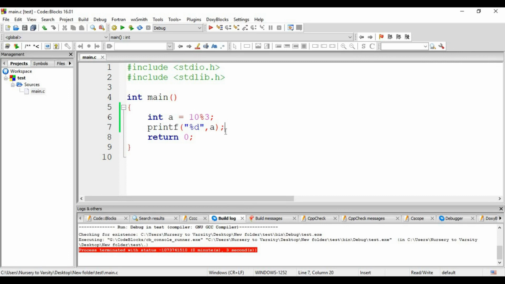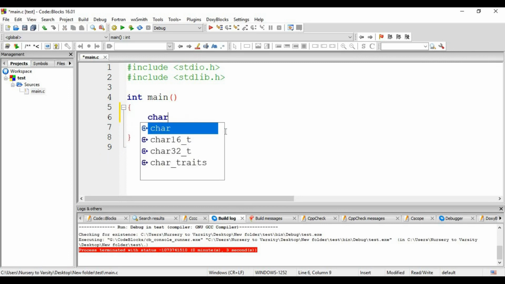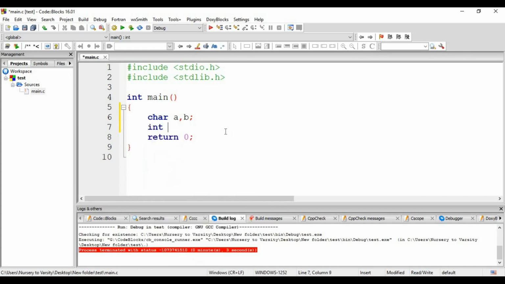Now let's take another example. Char a, b; int x, y, z; and x is equal to a, y is equal to b, and z is equal to x plus y.